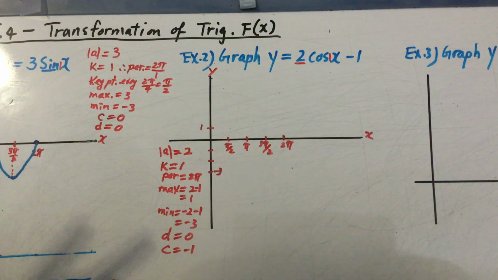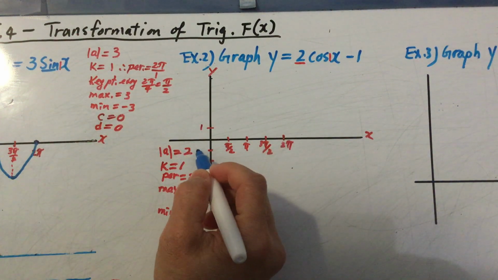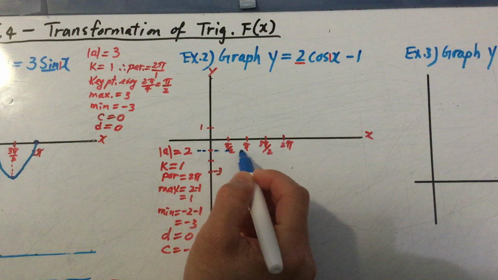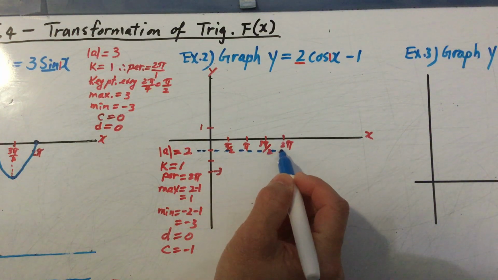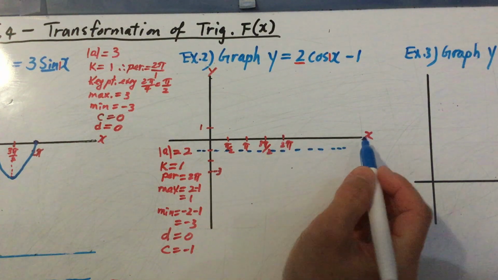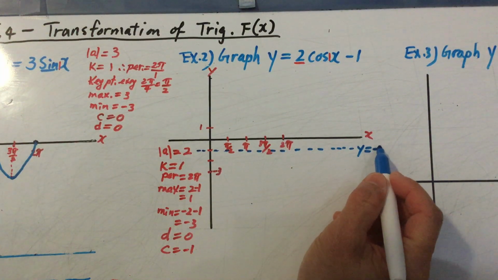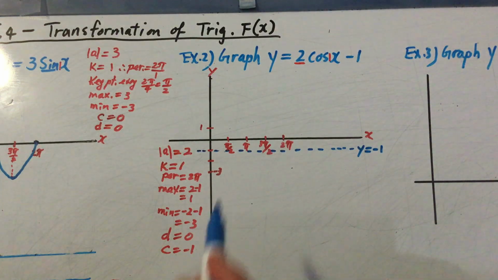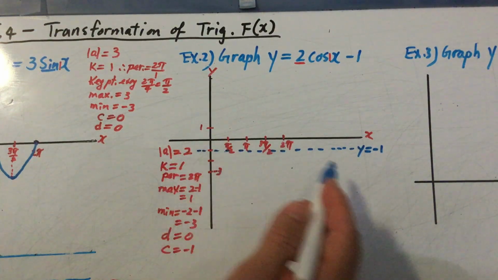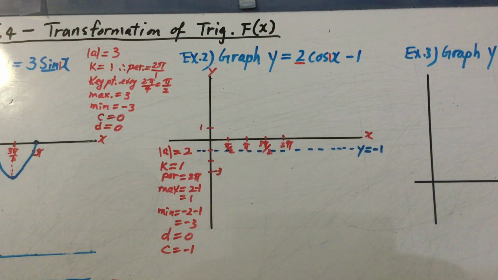Okay, so I'm going to label the equation of axis now with this broken line, and I'm going to label the equation as y equal to negative 1, because that will be my middle line. This is going to be my equation of axis. So unlike example number 1, where we have the x-axis as our equation of axis.